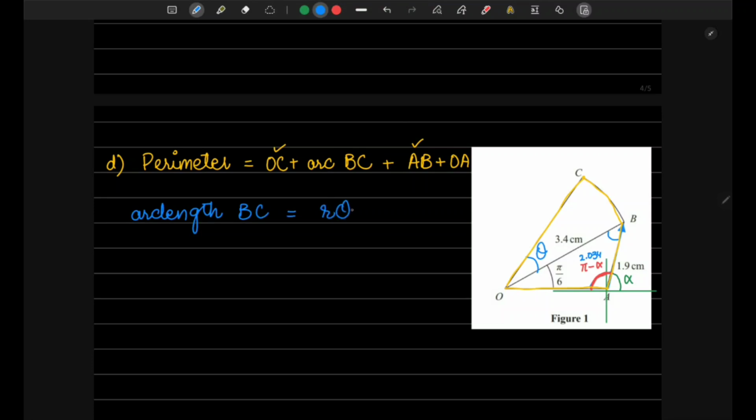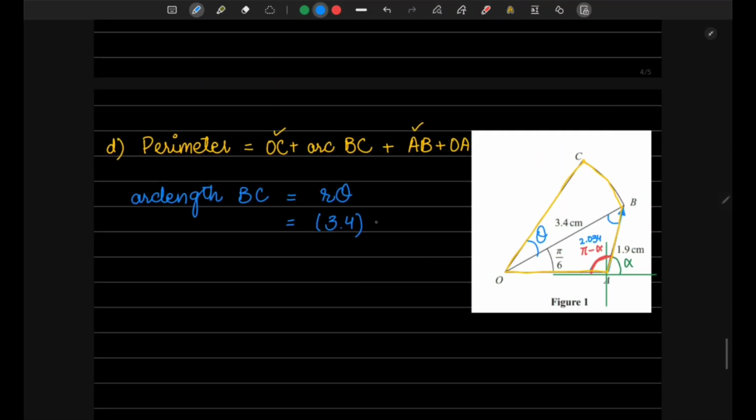You know the formula for arc length, r theta. R we know to be 3.4 and theta we just found in the last part, 0.462. So use that, it will give you 1.5713.